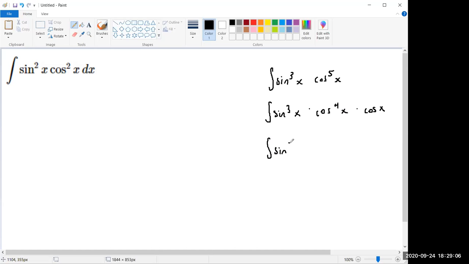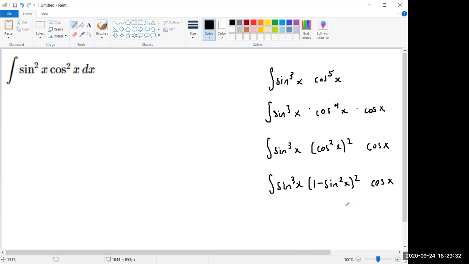This is sine cubed of x. And then cosine to the 4th power can be rewritten as cosine squared of x, squared, times cosine of x. And then we can turn cosine squared of x into 1 minus sine squared of x.